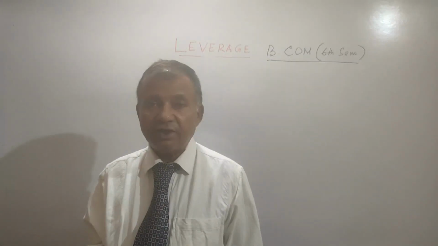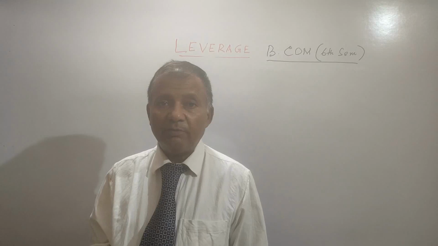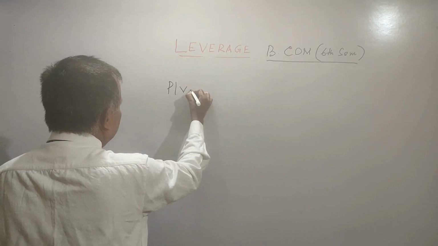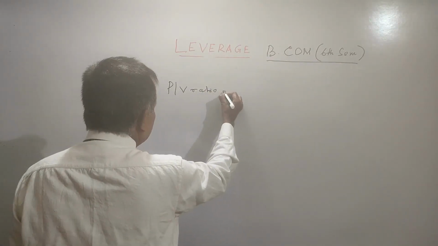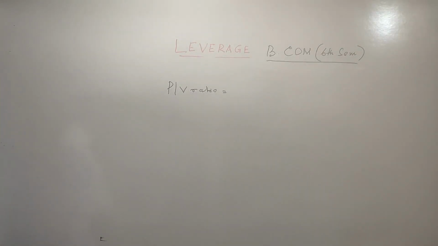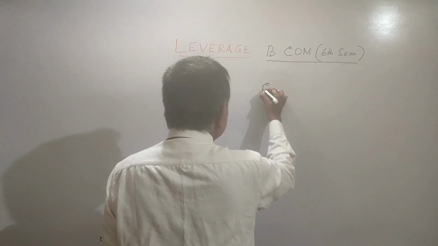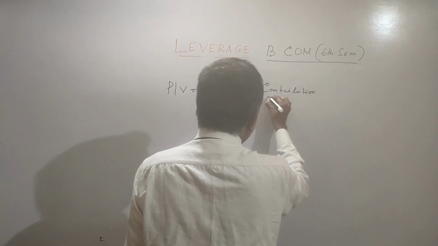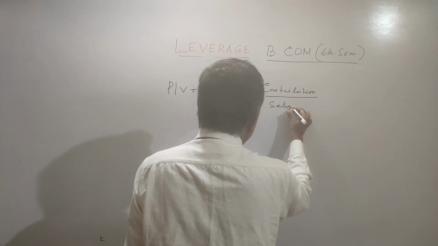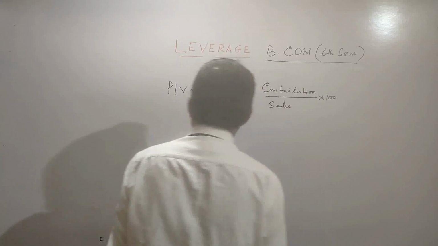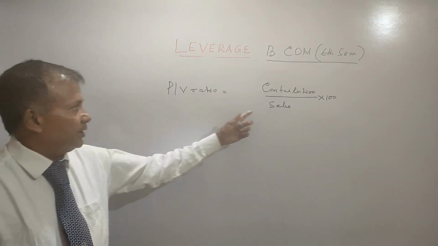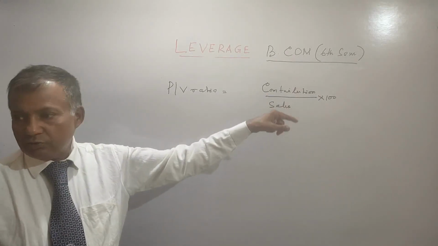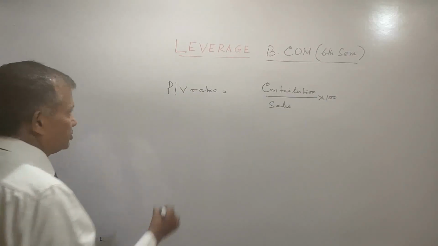You have seen the question, and in doing problem number 1, we need to revise the PV ratio. All of you know from the marginal costing concept that the PV ratio is the contribution by sales into 100, expressed in percentage.